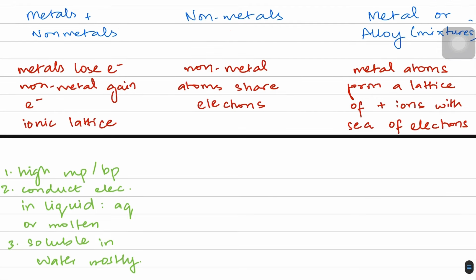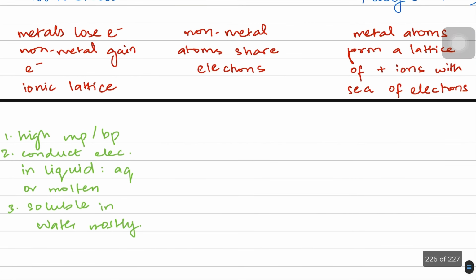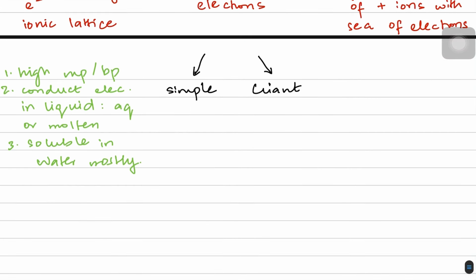When you talk about covalent, compounds have two different categories. One is simple covalent, the other is giant covalent, and that is why the properties are written differently.